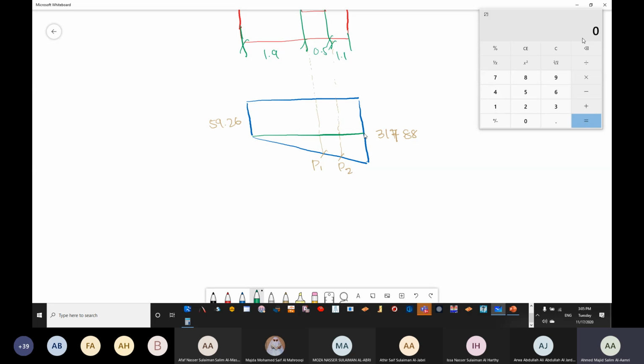Now the total is 317. This one from here to here will go as 317.88 minus 59.26. Can you give me this value?